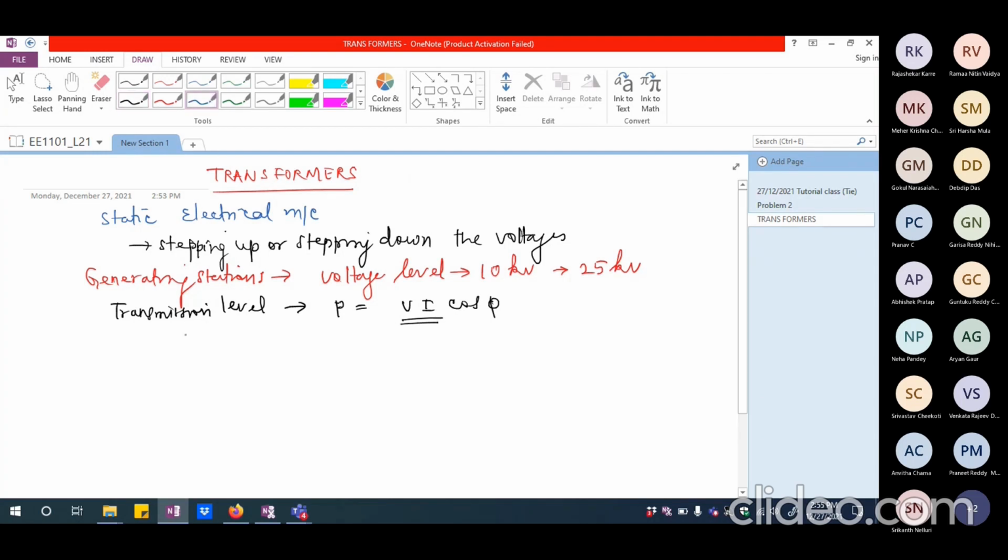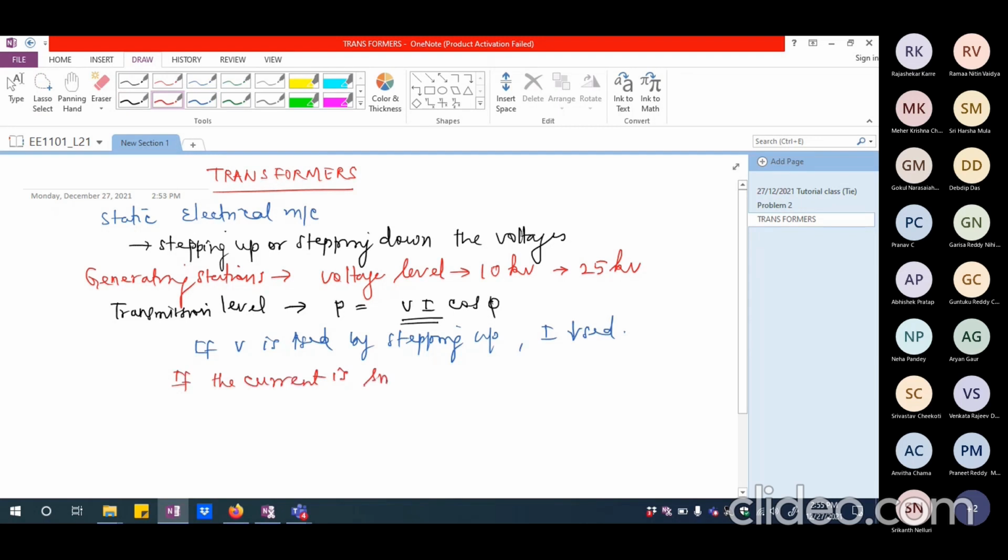So if V is increased by stepping up, then correspondingly I will decrease automatically. If I is decreased, you are going to have mainly two advantages.